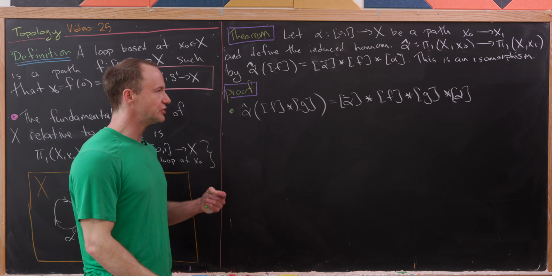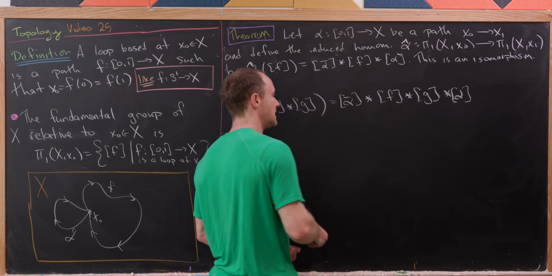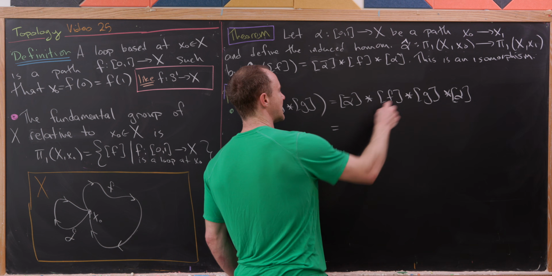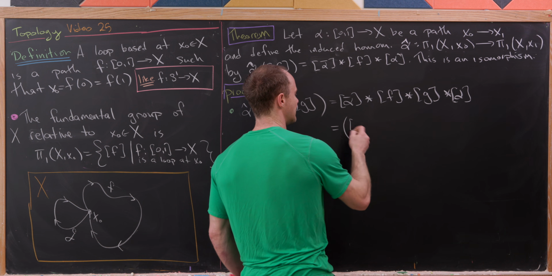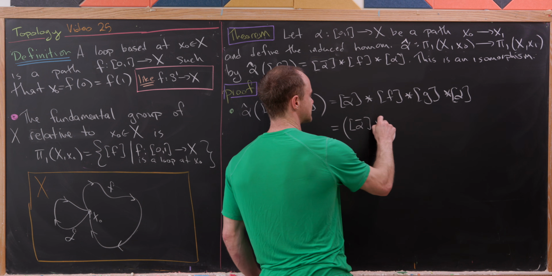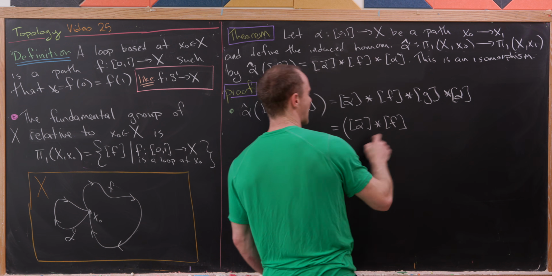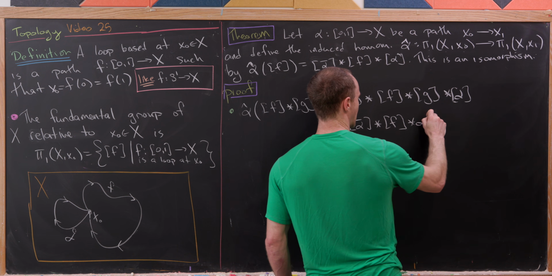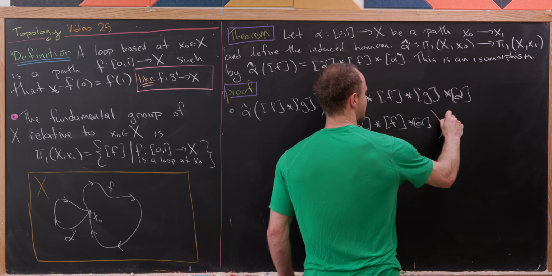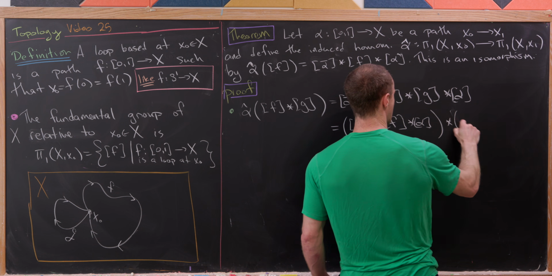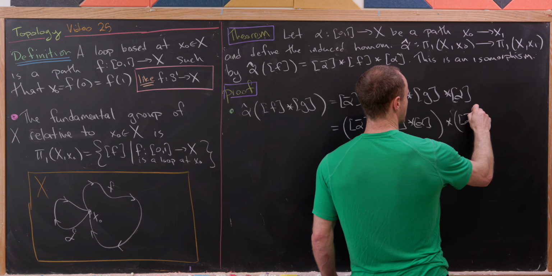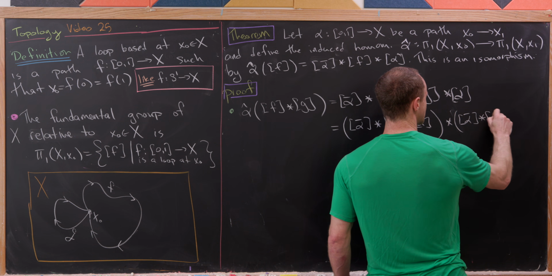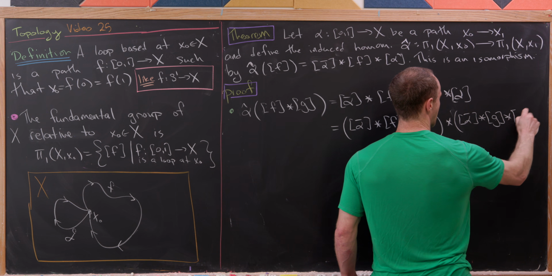But now what we'll do is sneak in an alpha bar alpha between F and G. And just to highlight this, I'm going to put some parentheses. So I've got alpha bar star F star alpha, and then that's going to be starred with alpha bar star G star alpha.